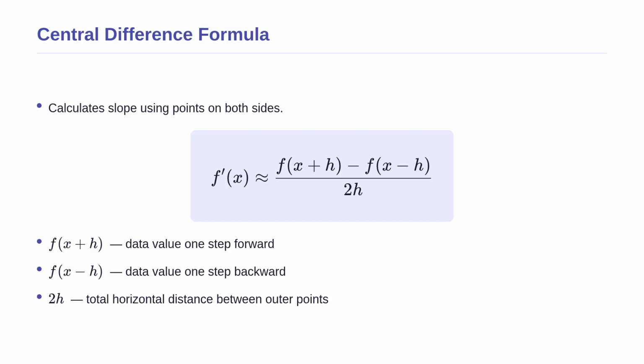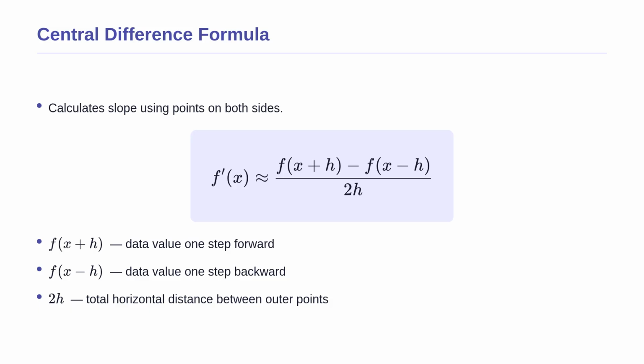This is the central difference formula for the first derivative. Conceptually, it finds the slope of the line connecting the point ahead and the point behind. The numerator is the difference between the future value, f of x plus h, and the past value, f of x minus h. The denominator is 2 times h.